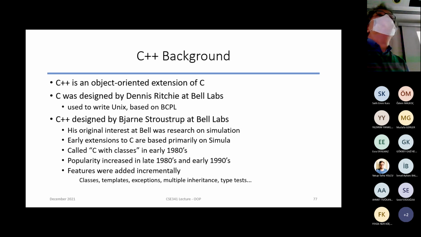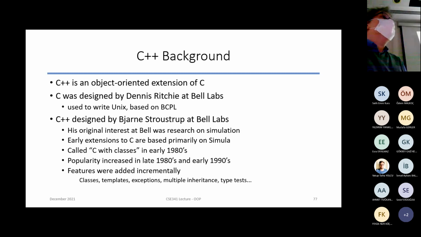C is an imperative or procedural language, and C++ is actually just an extension of it, adding some sort of object-oriented concept into it.